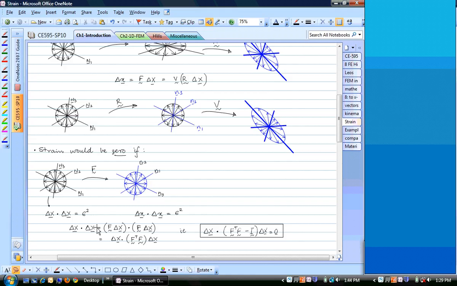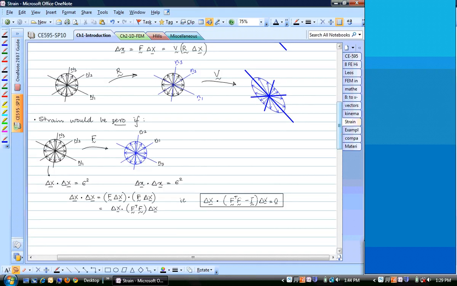Okay, and how do we find out this condition? What does this condition mean? So now note that the equation of a sphere in the undeformed configuration would be, if you take any delta x vector, take one delta x vector, dot it with itself, right? So all that we are trying to say is that pick a point on the sphere, take that vector, dot it with itself, that should be equal to radius square.